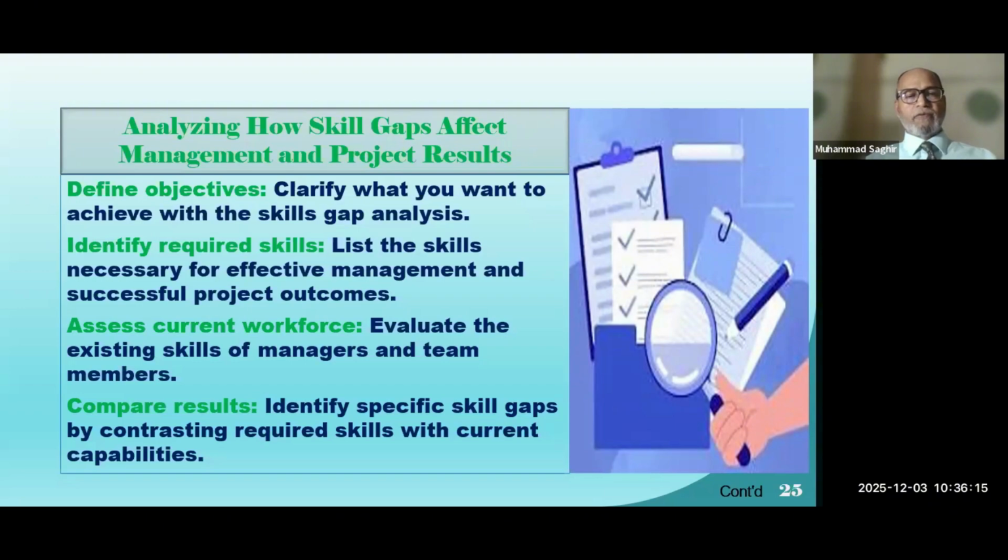You assess the current workforce, evaluating the existing skills of managers and team members, and you compare results. You identify specific skills gaps by contrasting required skills with current capabilities.